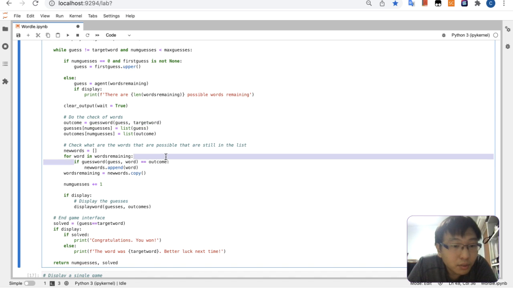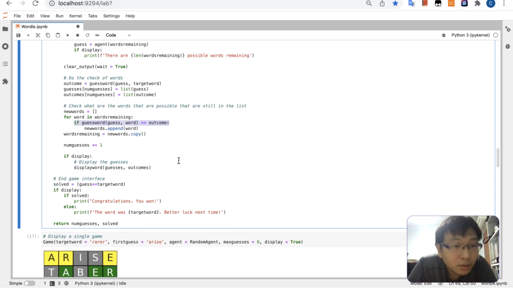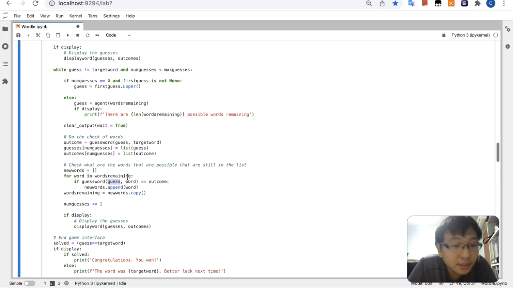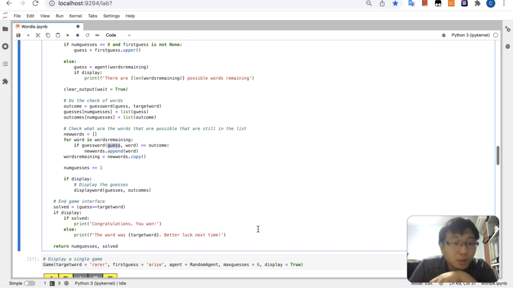I guess one of my new words could be a void word. Because if the guess is a void guess, I'm not too sure because this didn't fail for the others.